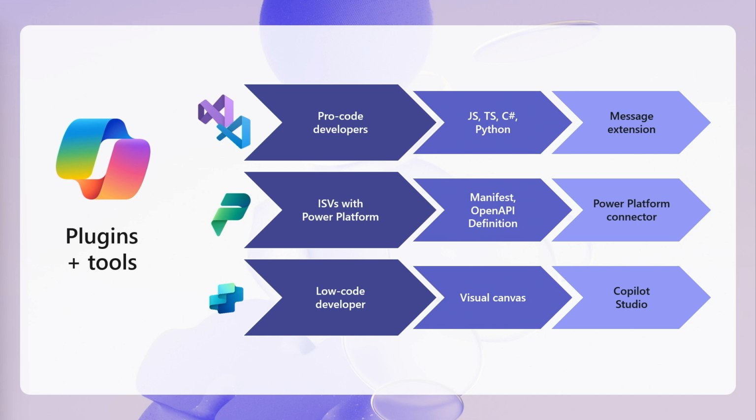But if we jump back over to that pro code solution, essentially what we're talking about is using Visual Studio or Visual Studio Code along with supported languages and tools like the Teams Toolkit to build a message extension. Now, message extensions, I saw a couple people raise their hands.